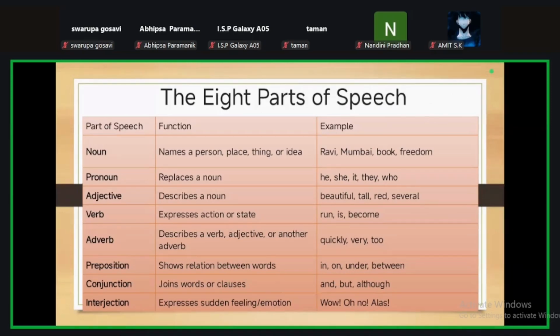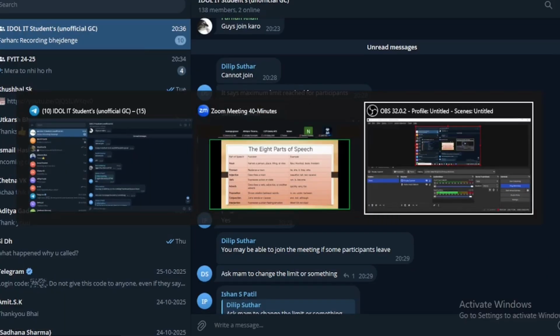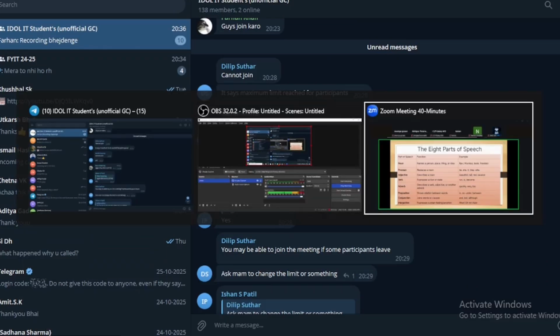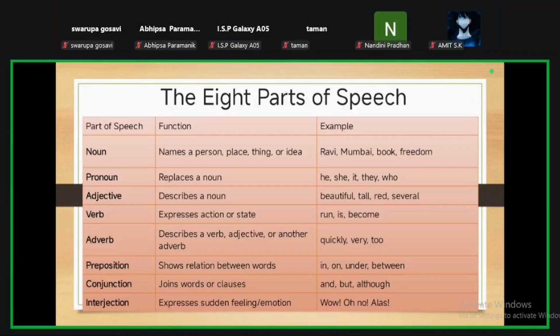Then we move on to the verb. I should say that the verb is by far the most important part of speech among all the other parts of speech. And why am I saying that? Because an entire sentence can consist of only one word, that is the verb. For example, if I say speak, I am basically asking you to do some action.